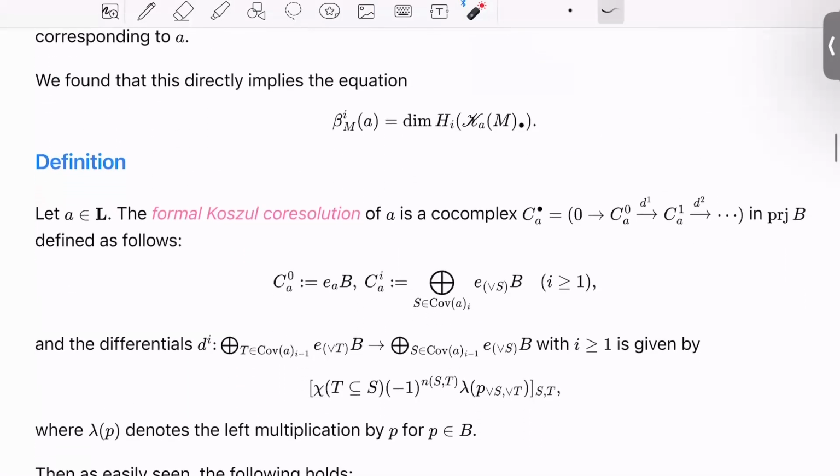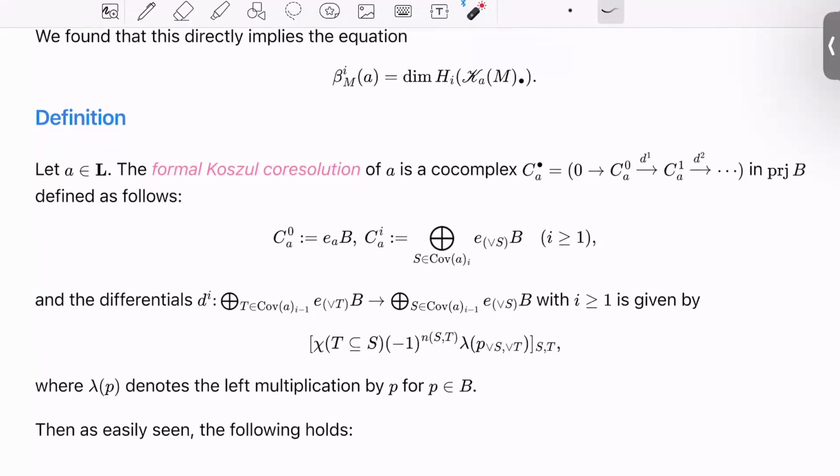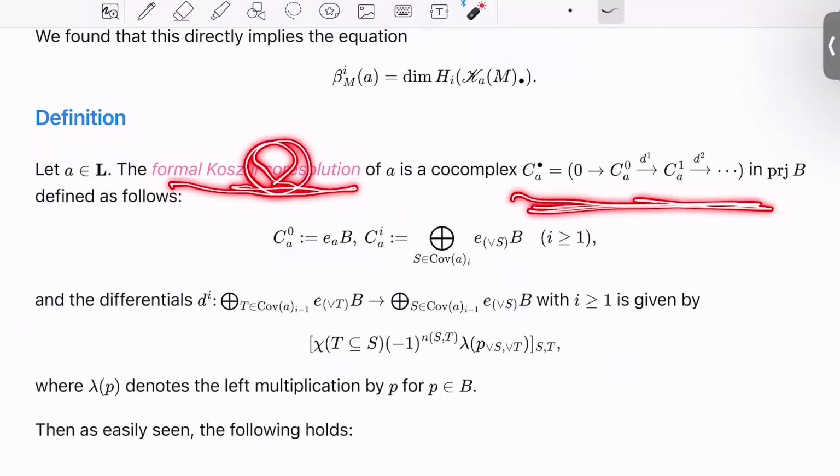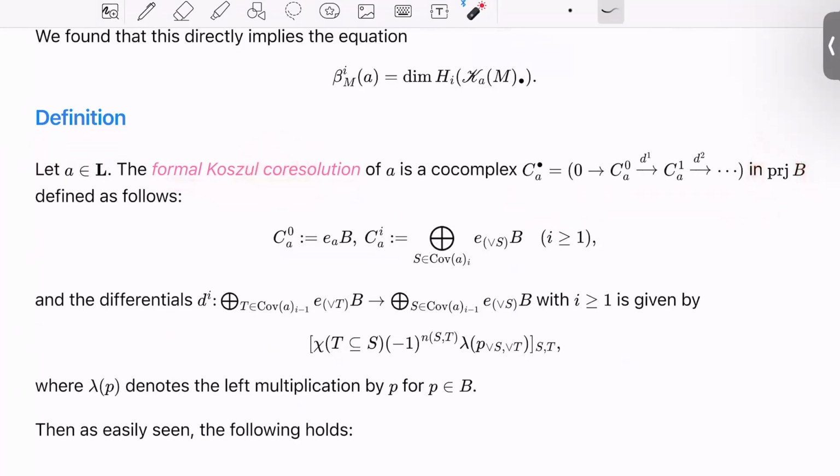And then looking at this, let's think of the following notion: the formal quotient co-resolution. It is a co-resolution in finitely generated projective B-modules, such that the definition is almost the same as you see, but on the left, not on the right. The cover of cardinality I is taken as a join, and then we multiply from the left, not on the right.